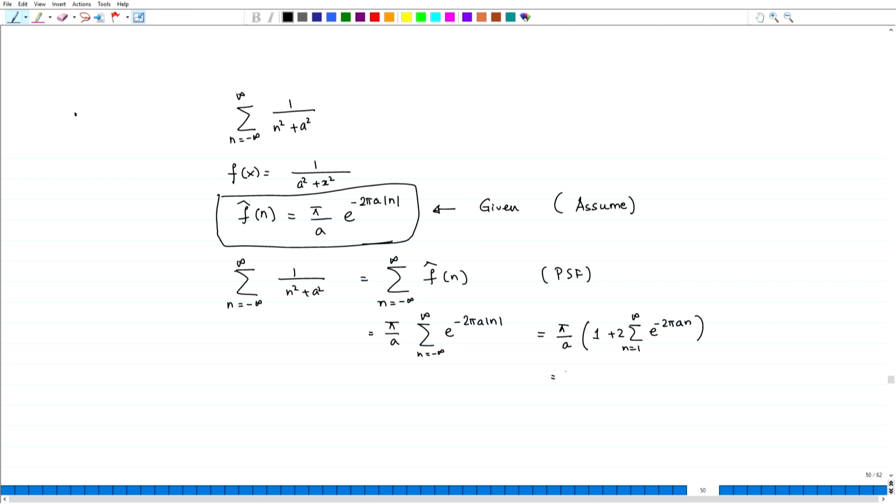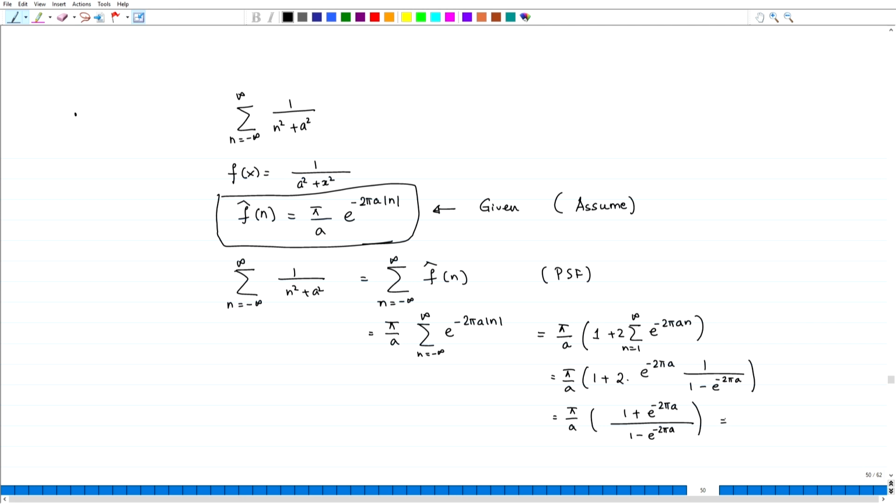Now, this is equal to pi by a into 1 plus, this is a geometric series. If I take out minus 2 pi a, this is 1 minus e to the power minus 2 pi a. So this is pi by a times 1 minus e to the power minus 2 pi a, and then plus 2 times e to the power minus 2 pi a, over 1 plus e to the power minus 2 pi a.